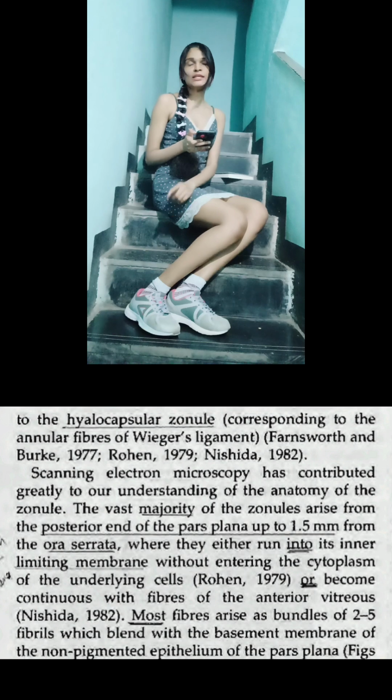Then second is equatorial, from the pars plicata to the lens equator. And then third is the posterior limb, that is post-equatorial fibers. They run from the pars plicata to the post-equatorial region of the lens capsule, supplemented by the pars plana.